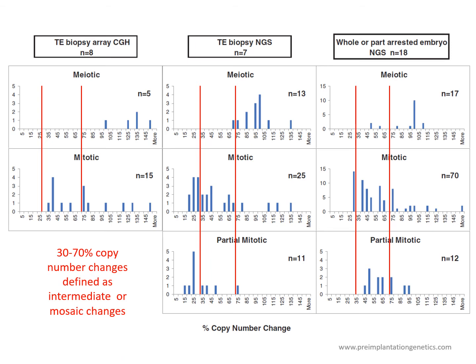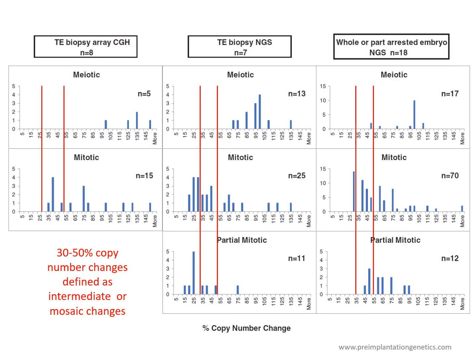Now, if, as some groups have suggested, we change the goalposts, the thresholds for identifying intermediate changes, and place the upper threshold at 50% and not 70%, then the effect of doing that in this data set is that we do indeed now pick up all of the meiotic changes, but we pick up a greater number of mitotic changes as full copy number changes.